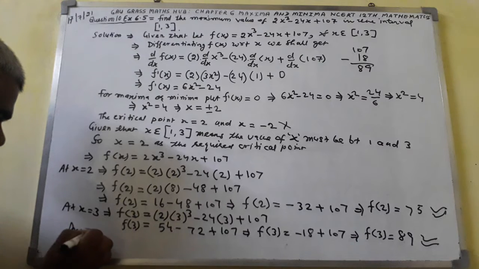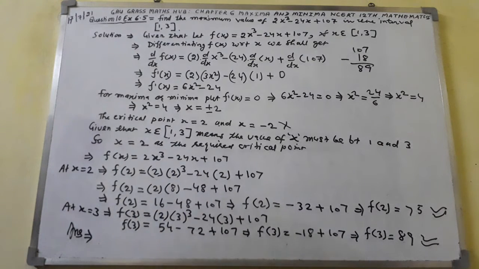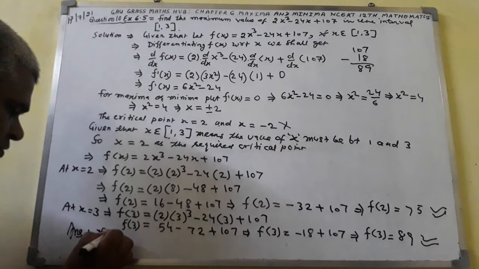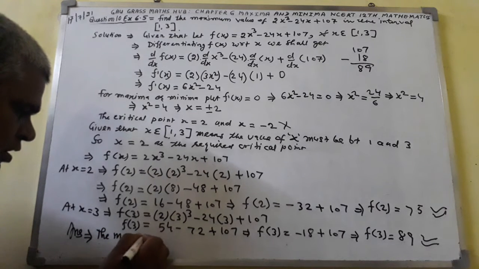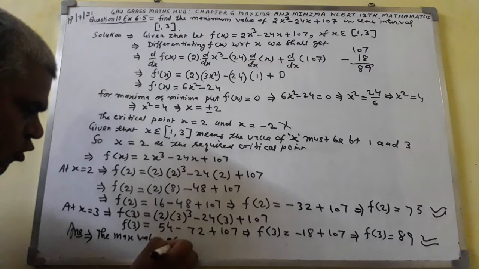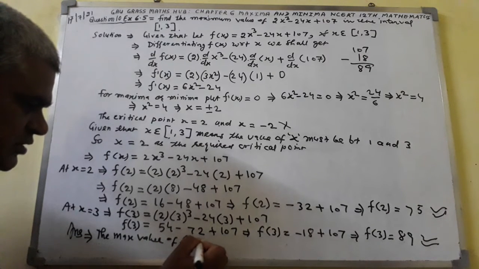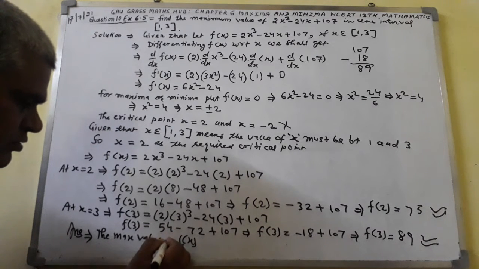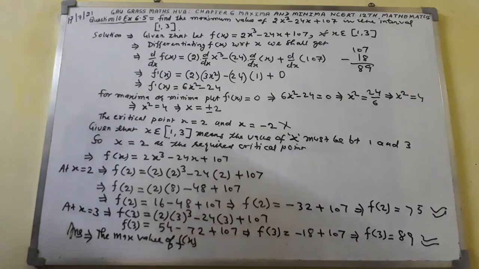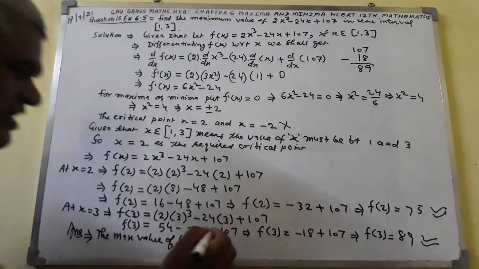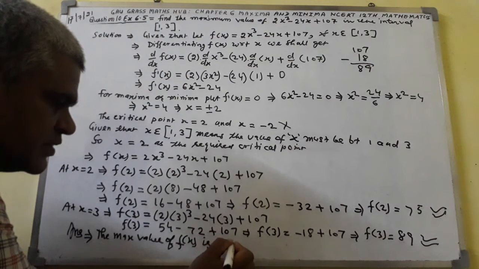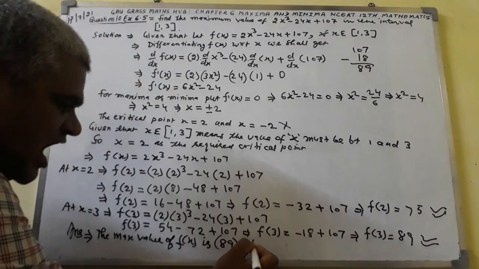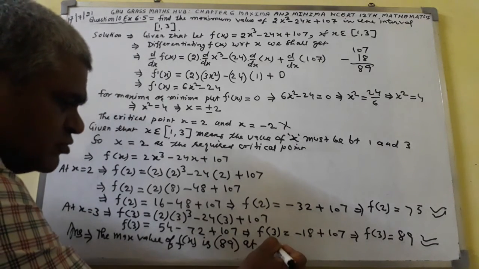So what shall I write as the correct answer here? I shall write, at last, answer implies that the max value of f of x is 89 at x is equal to 3.